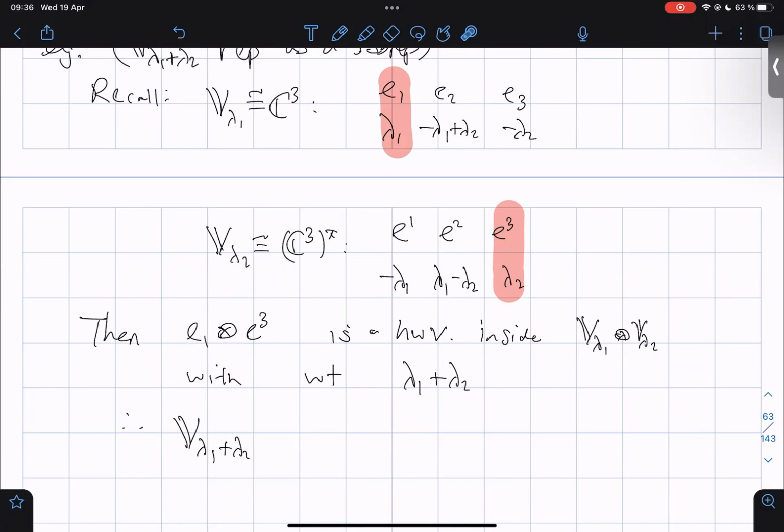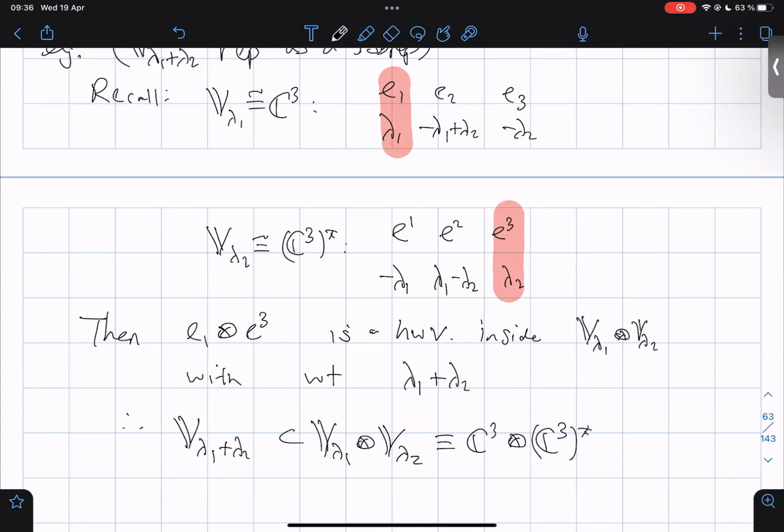The smallest G-invariant subspace generated is going to be a sub-representation sitting inside here, C3 tensor C3 dual.